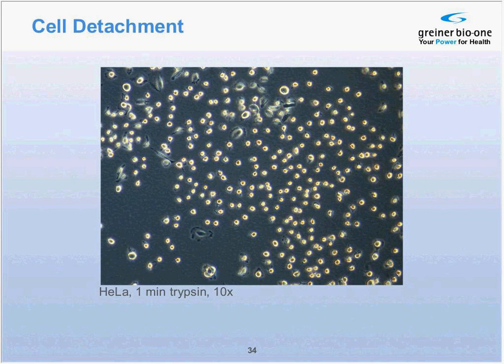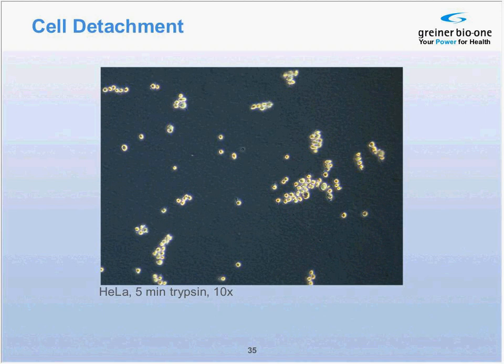Shortly after applying trypsin, most of the cells detached and appear rounded. Some cells still attach to the tissue culture dish. 5 minutes after applying the trypsin, all cells are in suspension, and trypsin should be inactivated by the addition of at least 3 volumes of serum-containing medium compared to 1 volume of trypsin.